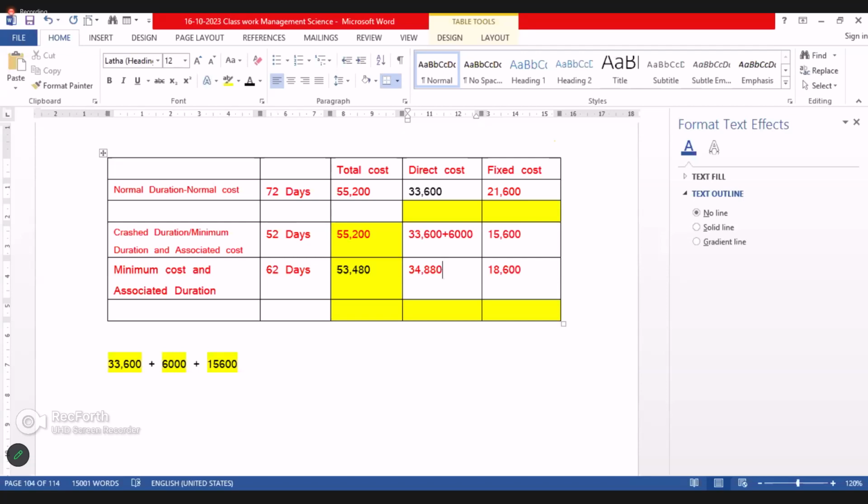This has how much? 33,600. Within that 33,600, the additional cost is how much? Additional cost we can see here.